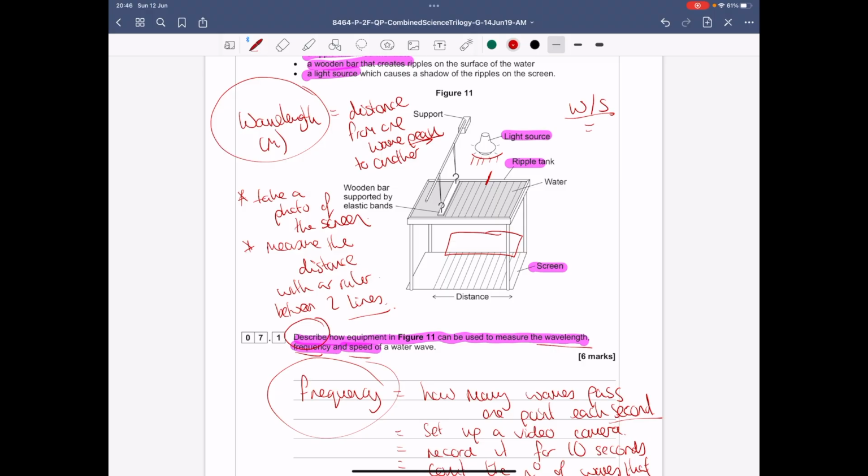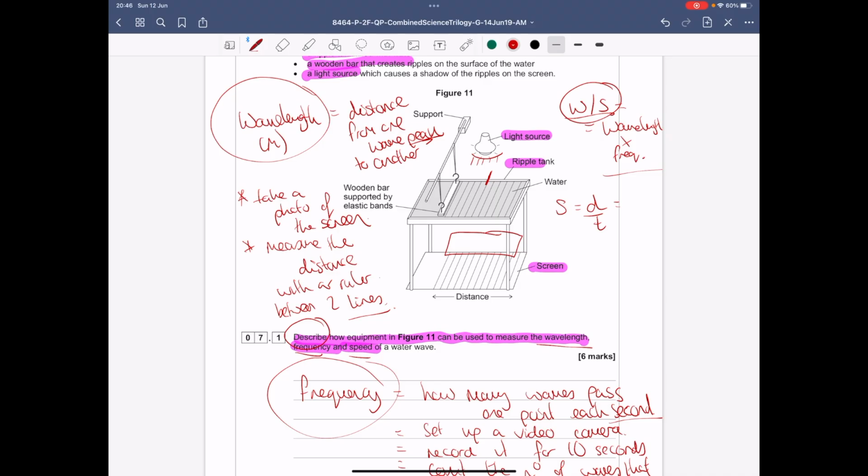And then to calculate the wave speed, if you know wavelength and frequency, you times wavelength by frequency, and that would give you your wave speed. But if you also wanted to demonstrate it practically using this equipment, you can use the equation speed is distance over time.